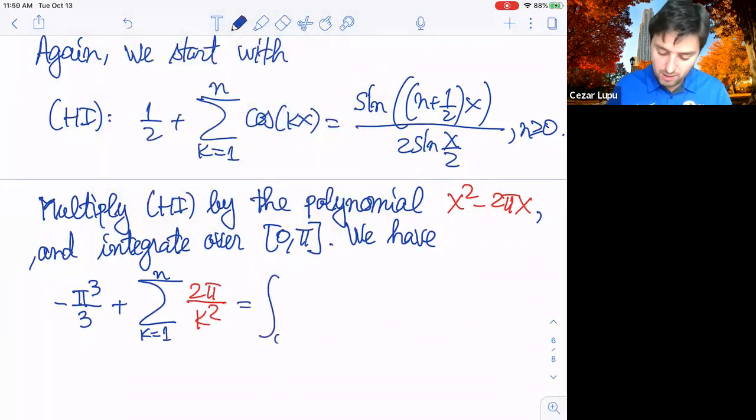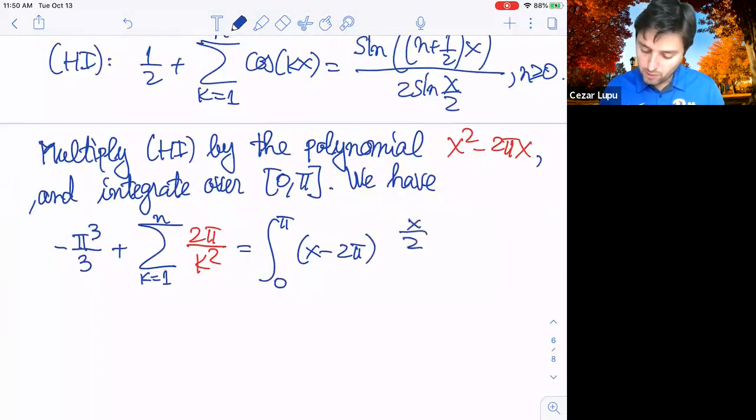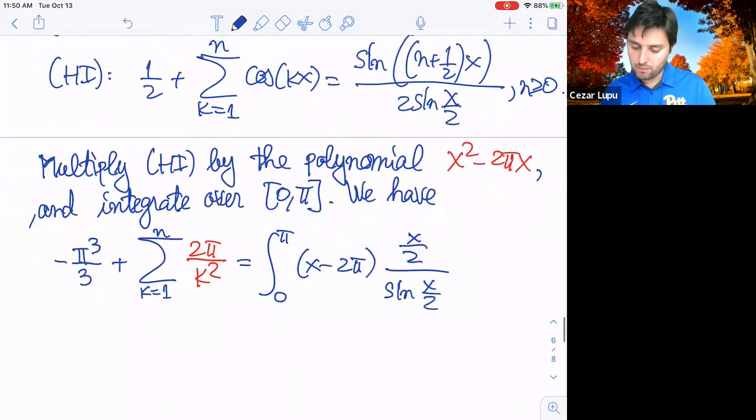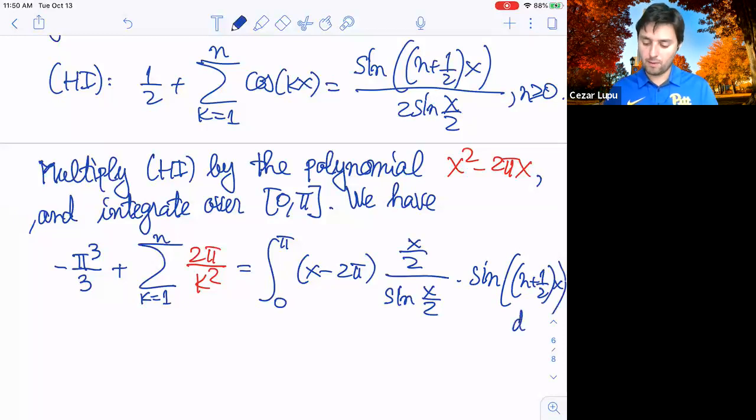And this will be the integral from 0 to pi of (x minus 2 pi) times x over 2 over sine of x over 2, times sine of (n plus 1/2) x, dx.